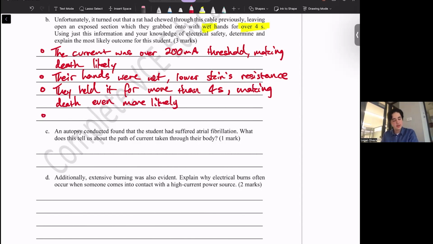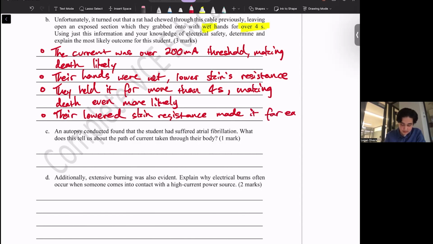And one last point I have to say to round this all out. So their lowered skin resistance made it far easier for the current to pass through at lower voltages.